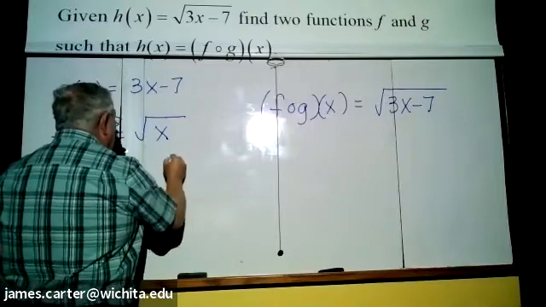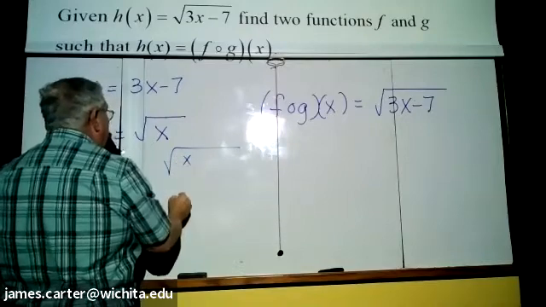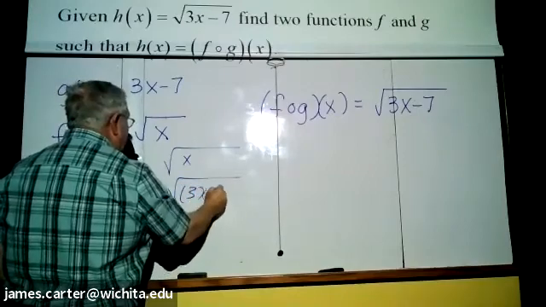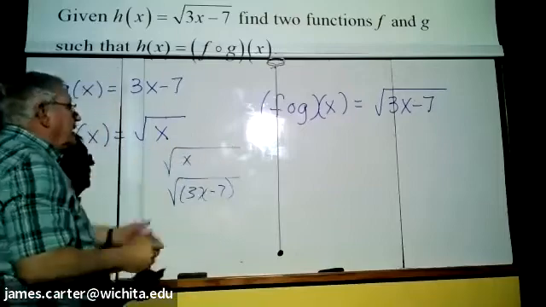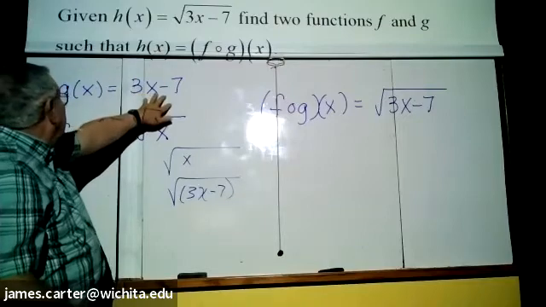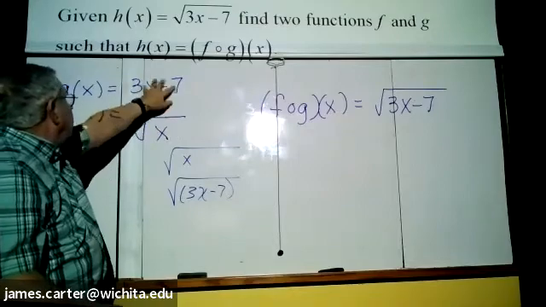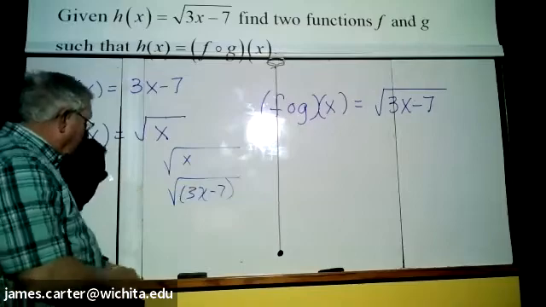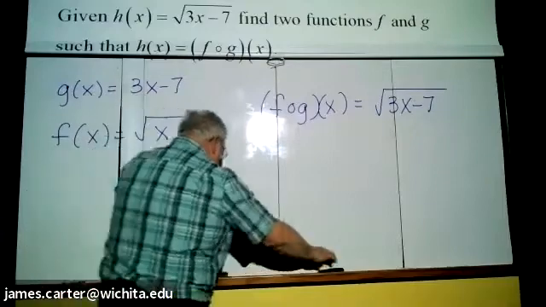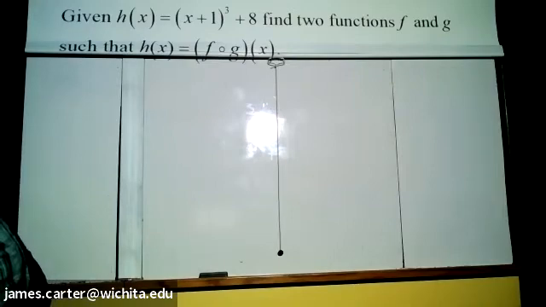So I take square root of x and I replace that with 3x minus 7. Well, that's simple. If I let this be the g of x to substitute in, and I put the square root over this one, so this goes under the radical, then that's what I get. And all of these, you want to go for the easy solution. There could be more difficult solutions, but they're wanting to go for the easy one.